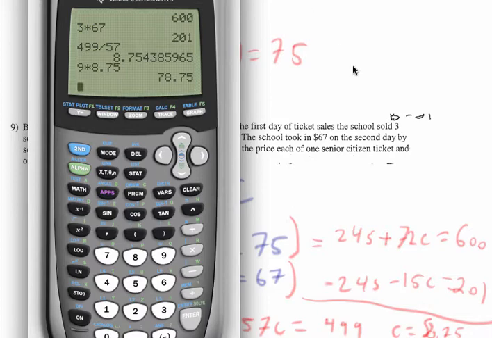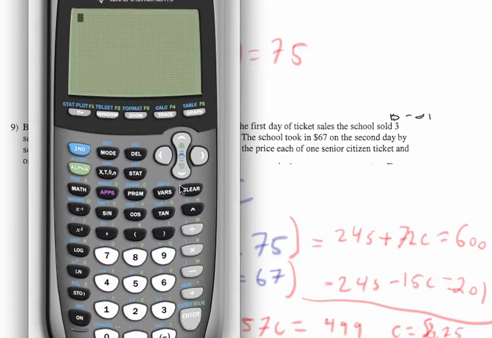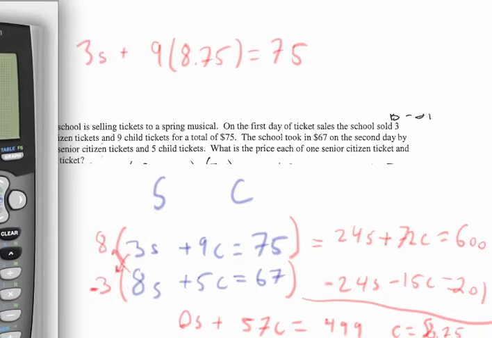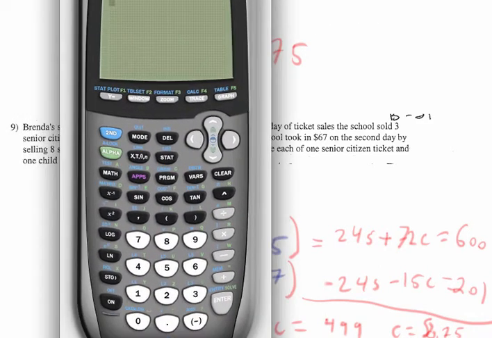Kids can't be free. I made a mistake somewhere. This is why I'll just use the matrices. But let me just find out where my mistake is, so I feel better. Okay. 600 minus 201. Is that where my mistake was? 399. Oh, it should be 399, not 499. That's where my mistake was.